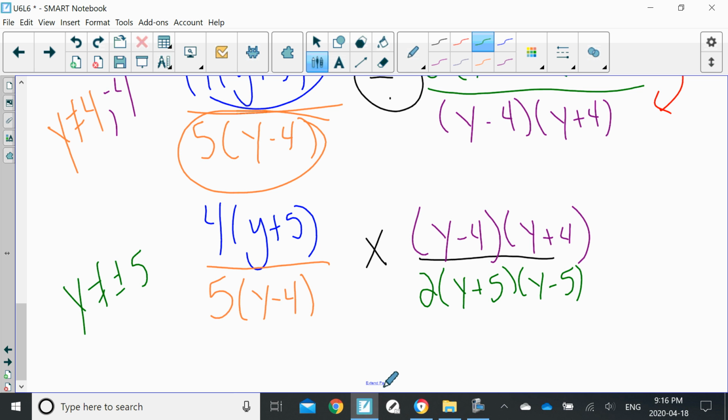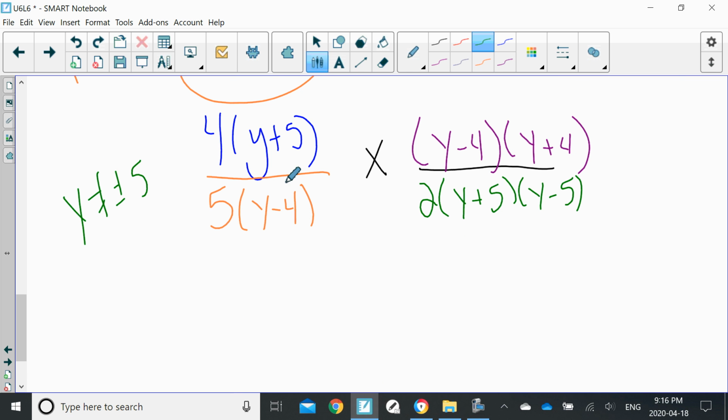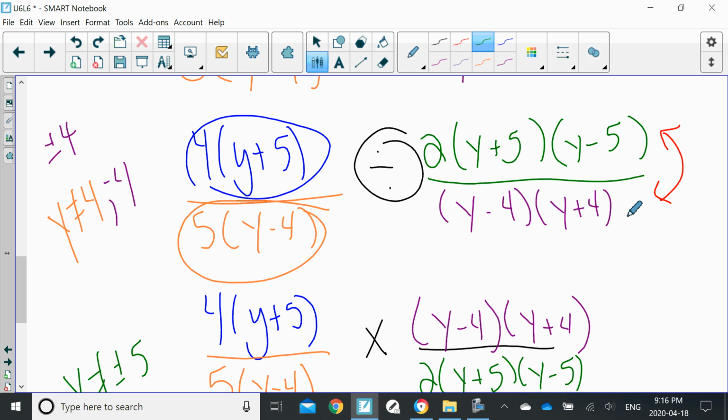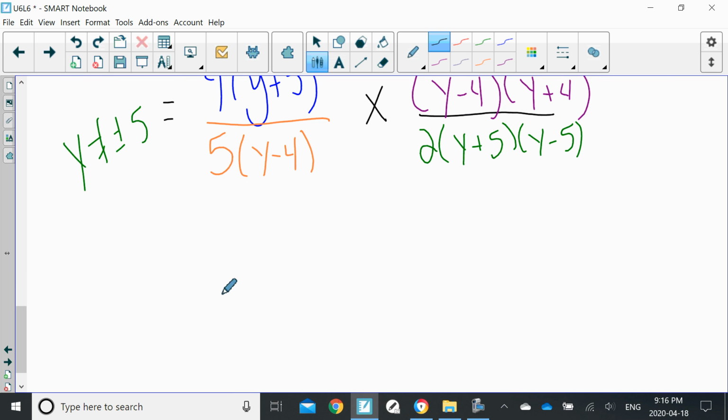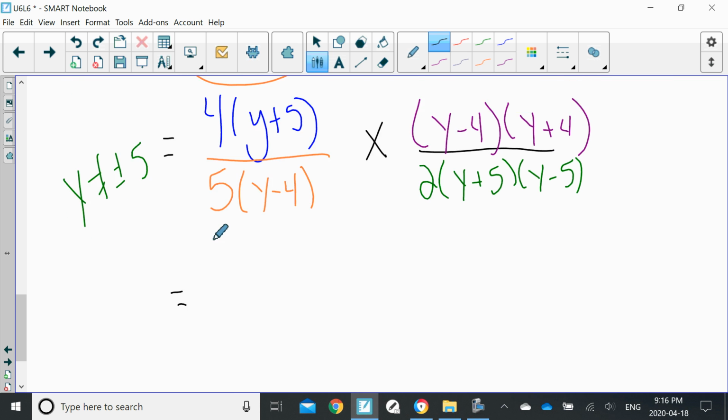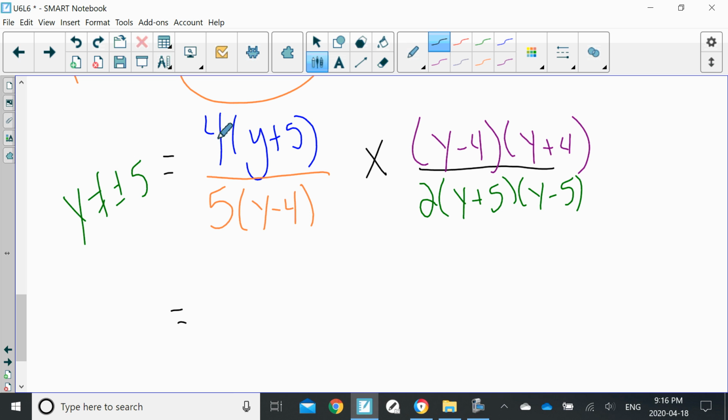When it's multiplication, we can multiply everything in the numerator and everything in the denominator. What I was actually missing is that I should have put an equal sign here, and here, and as I work through this. So in my numerator, I have 4. There's an invisible 1 here if you want. 4 times 1 is 4.